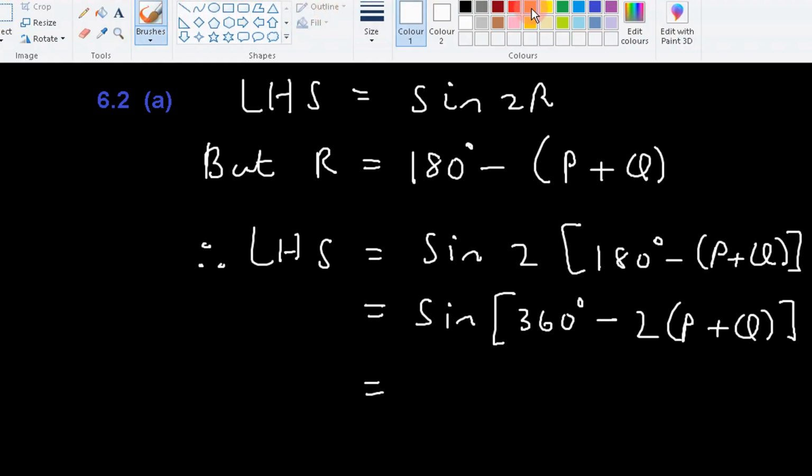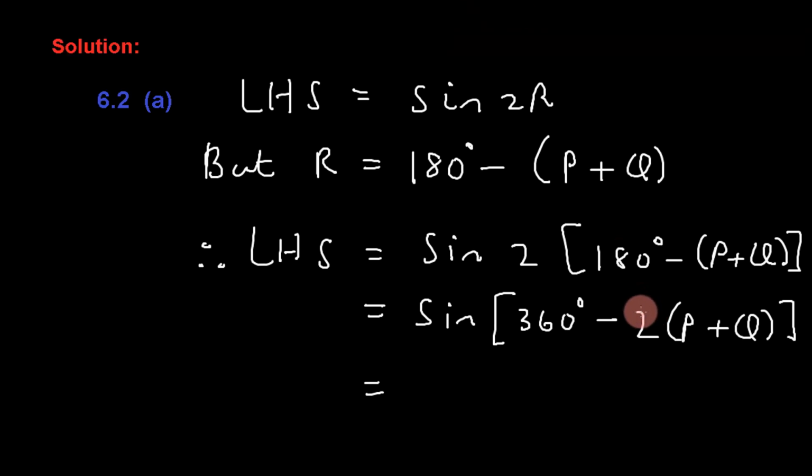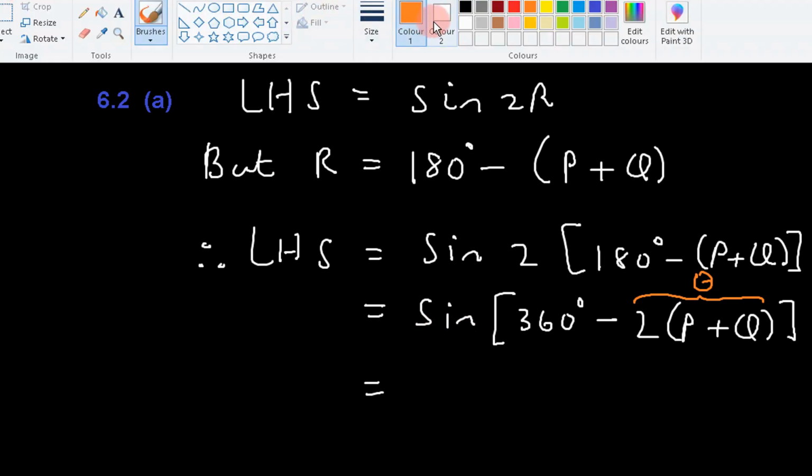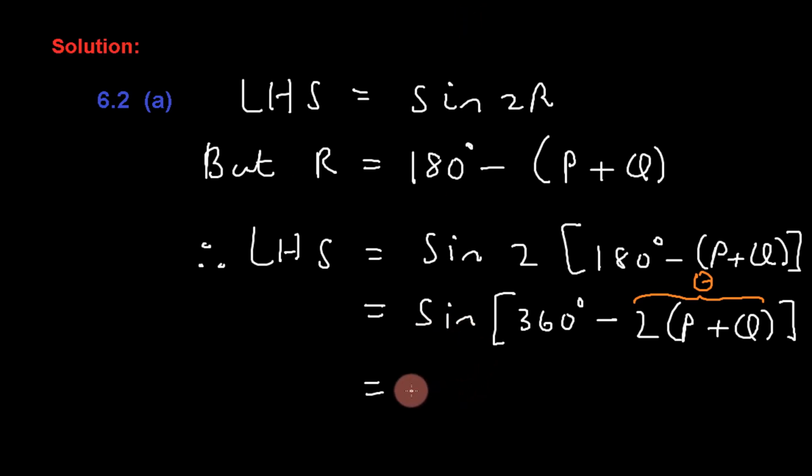So we can regard this 2 into p plus q as theta. We know that 360 minus theta is the fourth quadrant, and sine is negative in the fourth quadrant. So it's negative sine, and sine of 360 minus theta is negative sine of theta.